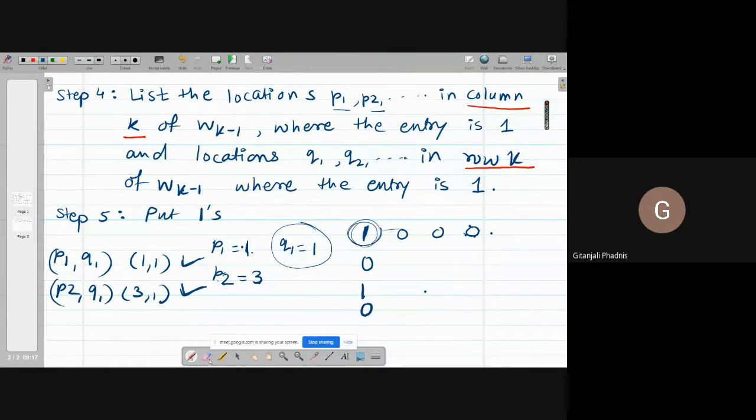Do you understand, girls? Am I audible? Do you understand what I have written? Yes, ma'am. So this is what we are going to do.